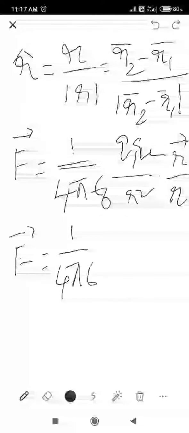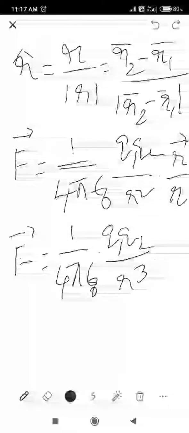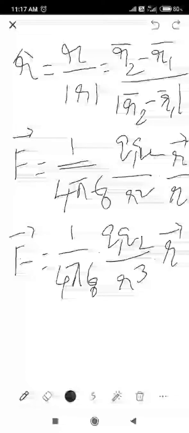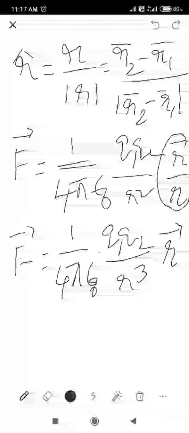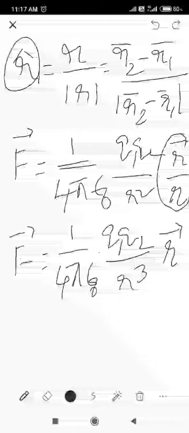Therefore we can write F bar is equal to 1 by 4 pi epsilon naught into q1 q2 divided by r cube into r bar. Here we can substitute r bar value and r value, or simply we can write r bar divided by r, that is unit vector. This r cap we can directly substitute here to get the value of the force. So this is the basic information.